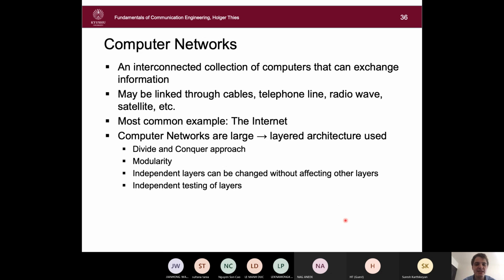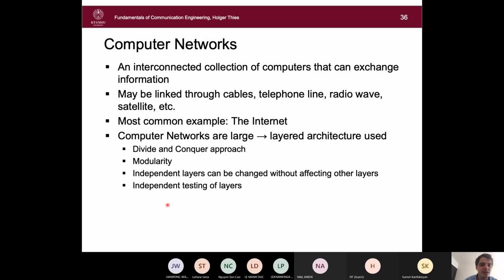So it's necessary to have some kind of layered architecture. The advantage of having such a layered architecture is that we can use a divide and conquer approach. We want to split this large computer system into several layers to look at each layer individually, which is the famous divide and conquer approach, often used in computer science and engineering.